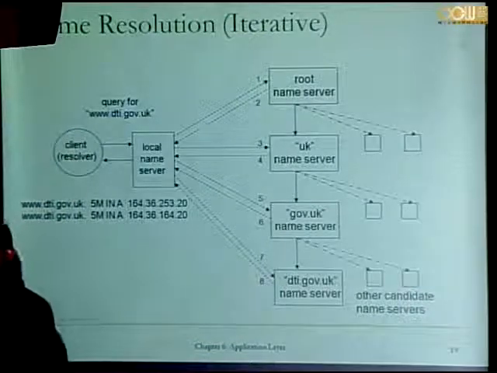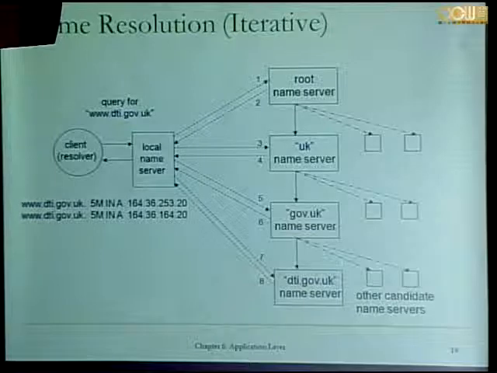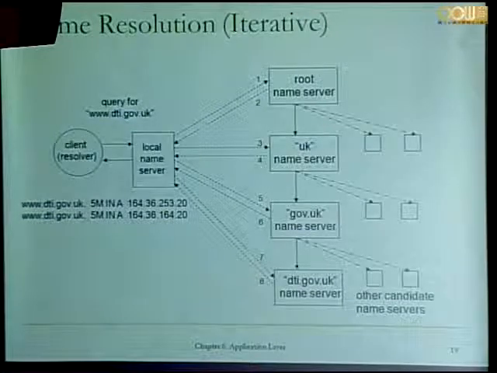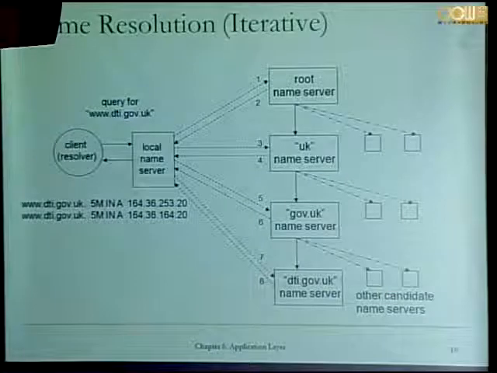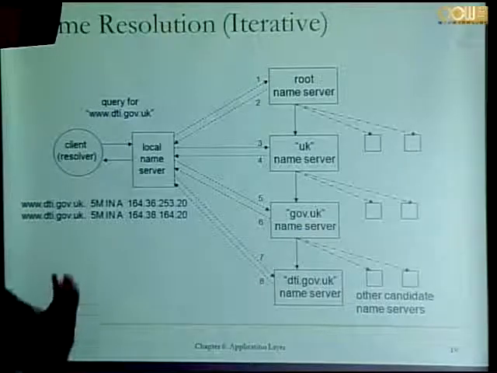You input a domain name on the client program, so the client program needs to translate the domain name into an IP address. So what it does is ask the local name server.